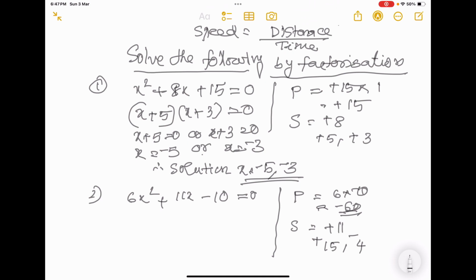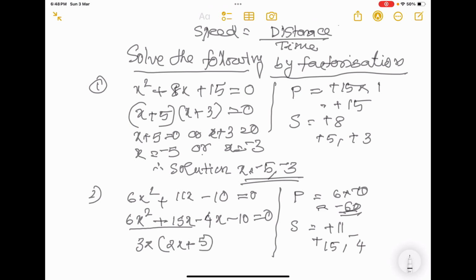So here we split the middle term because the coefficient of x square is not 1. So 6x square plus, from these numbers with the sign, you write it: first one 15x minus 4x, or plus negative 4x, both are correct, minus 10 equal to 0. Then from these two terms you take common outside, that is 3x into (2x plus 5).